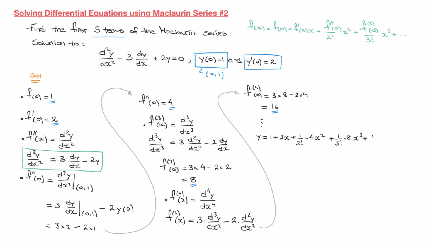So I'll write 1 over factorial 4 times the value of the fourth derivative evaluated at 0, which was 16, times x to the power of 4.